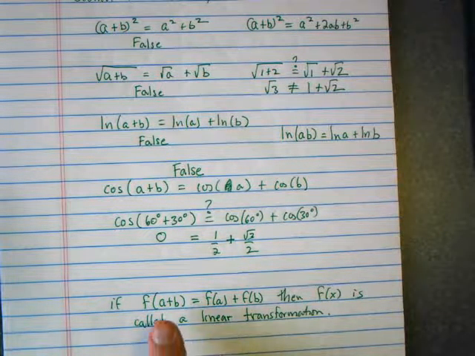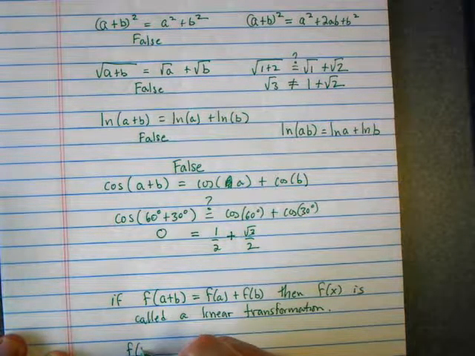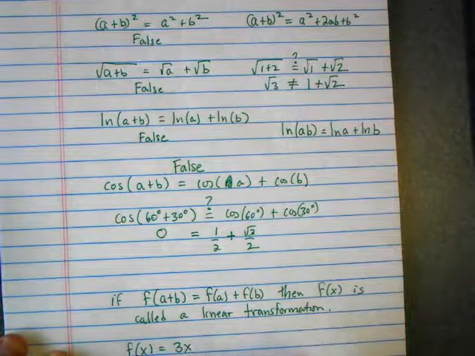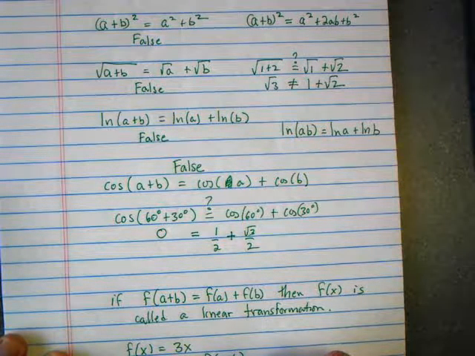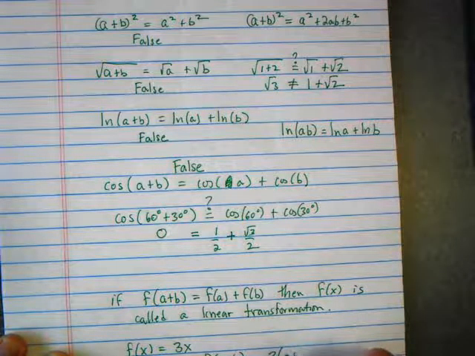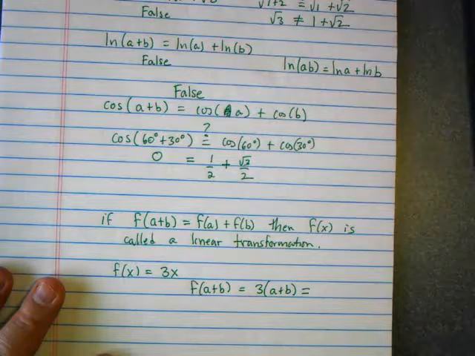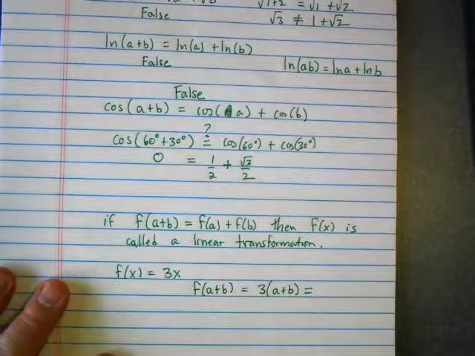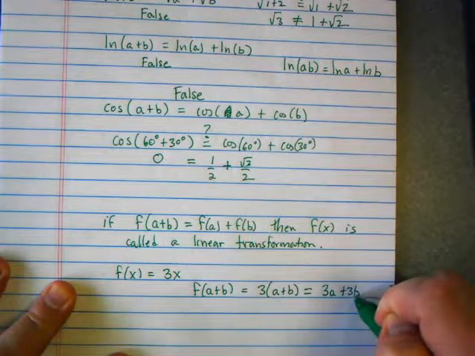So the only time this works, very, very rarely, is if I were to give you f of x equals 3x. Then f of (a plus b) would be 3 times (a plus b). And what could you do with 3 times (a plus b)? 3a plus 3b. There's your distributive property. 3a plus 3b.